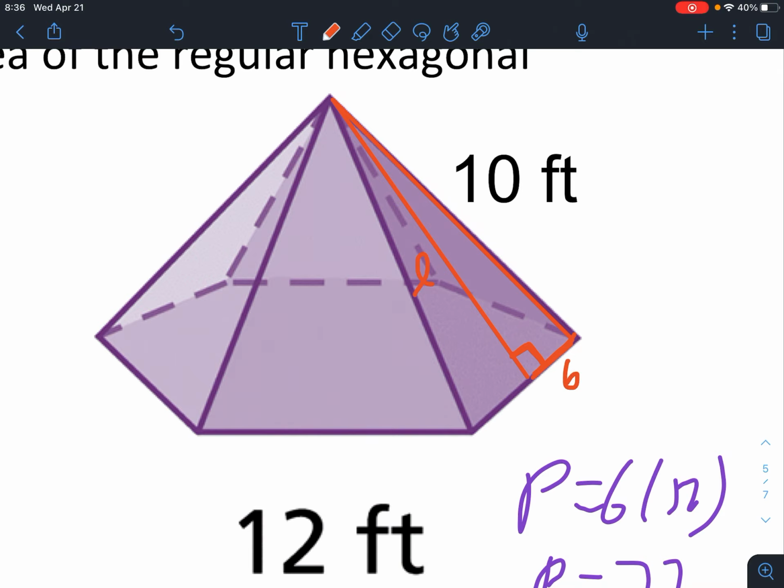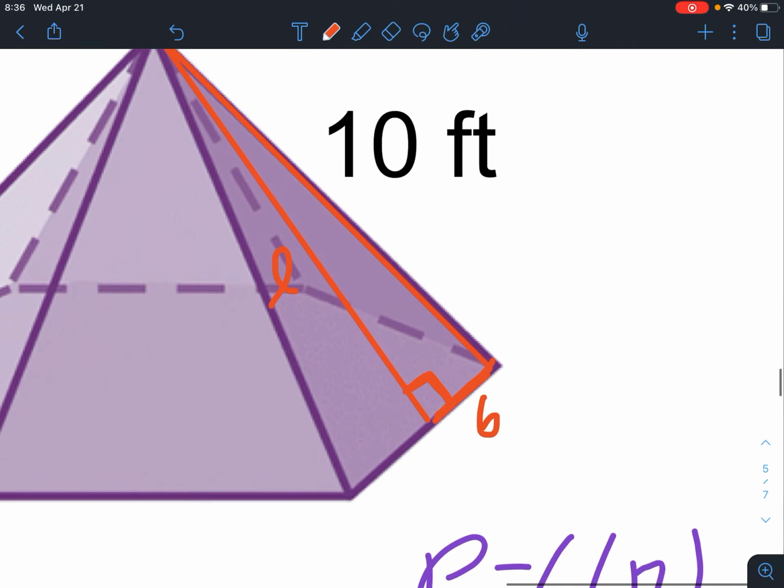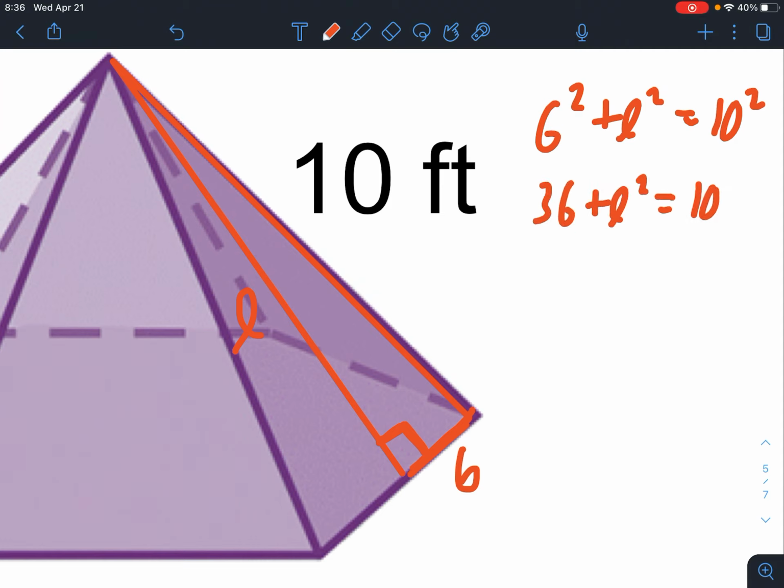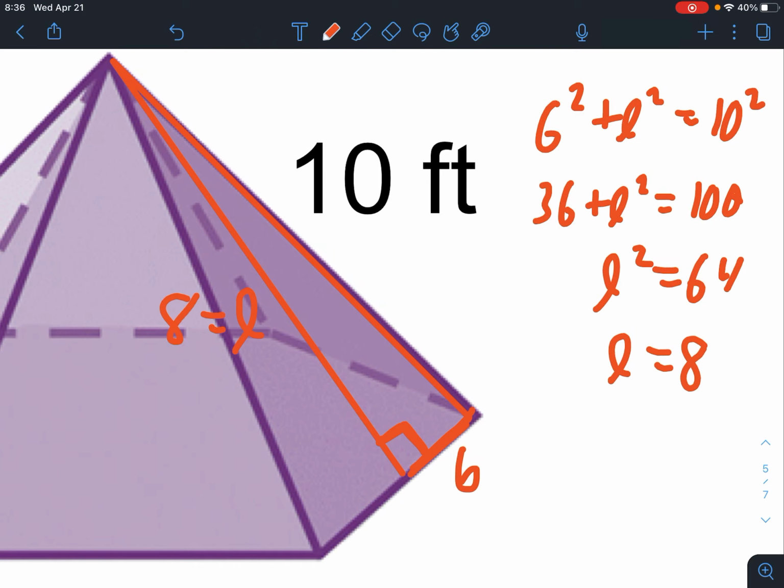And we don't know L, but hopefully by now you know how to find L. 6 squared plus L squared equals 10 squared. Good old Pythagorean theorem helps us every time we're missing a side of a right triangle. And we should get that our slant height is 8.